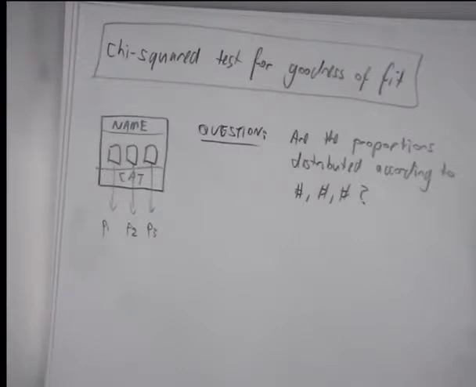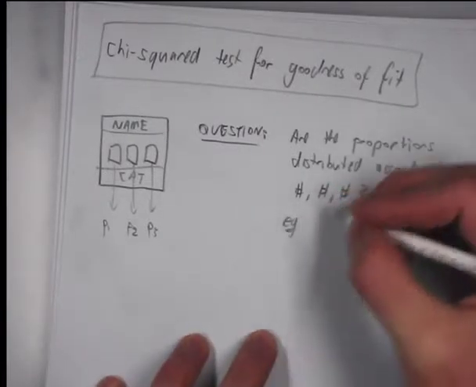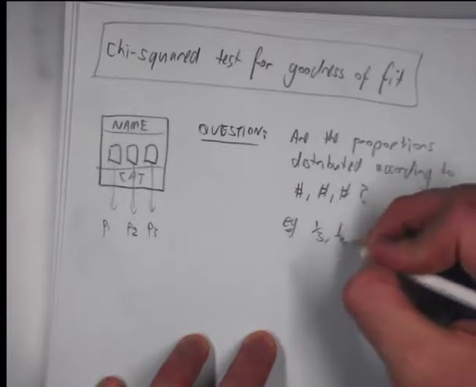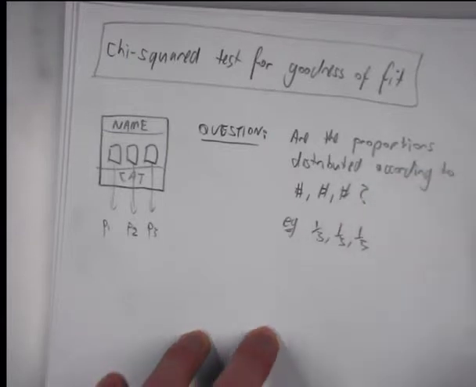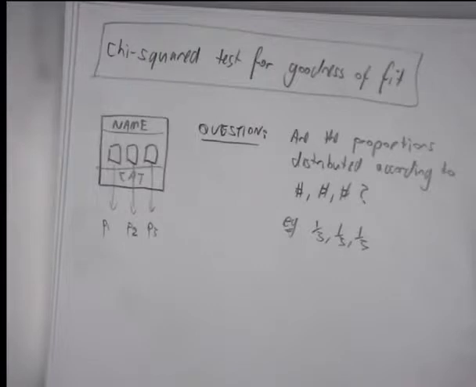So as an example, 1/3, 1/3, 1/3, for example. That's the question that's in there.